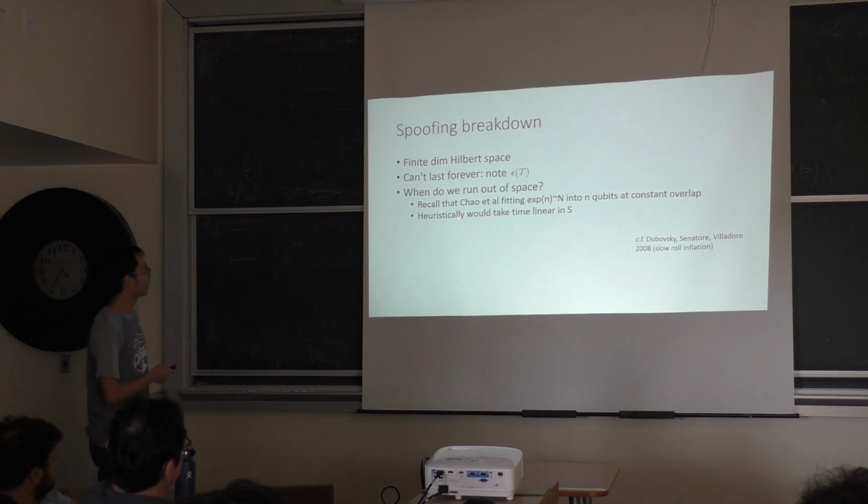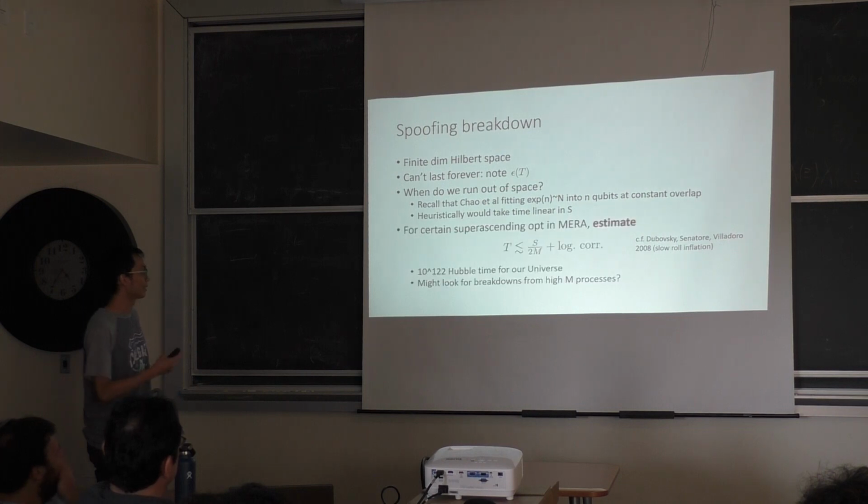So using this tensor network as a heuristic, although this is not completely correct, the counting sort of works, right? Because there you expect to be able to compress exponentially many states into this finite overlap space. So heuristically it would take time linear in the entropy before you run out of space.